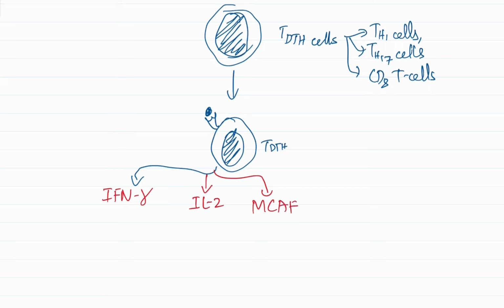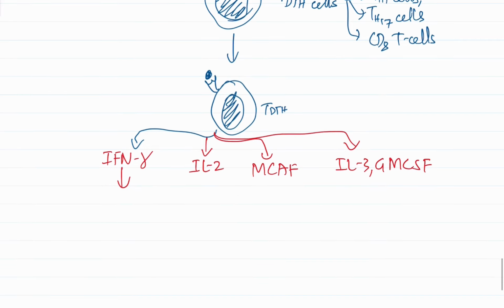interleukin 2, then MCAF, that is monocyte chemotactic activating factor, then IL-3, GMCSF, all such interleukins are released. What do they do? Each one does a specific job. Interferon gamma activates macrophages, so resting macrophages get activated.